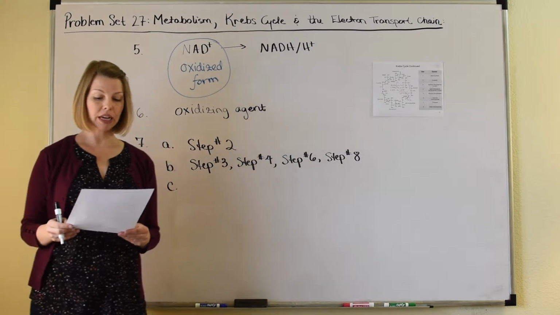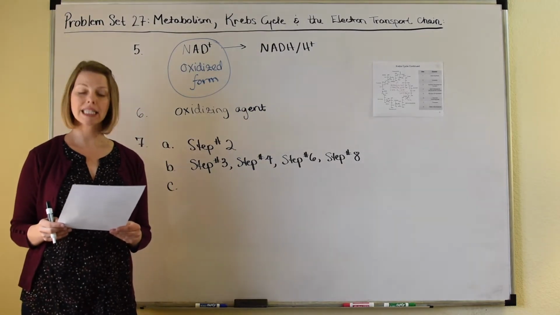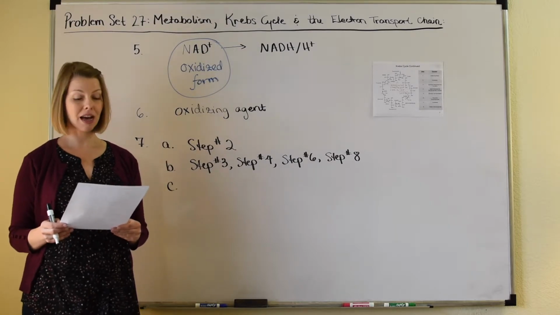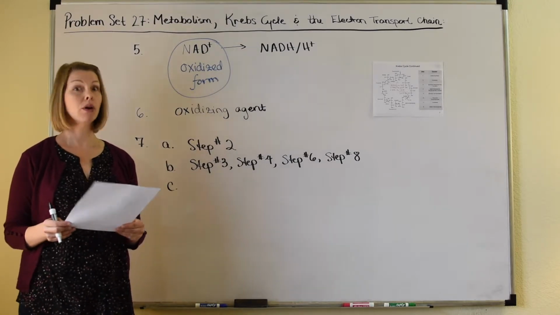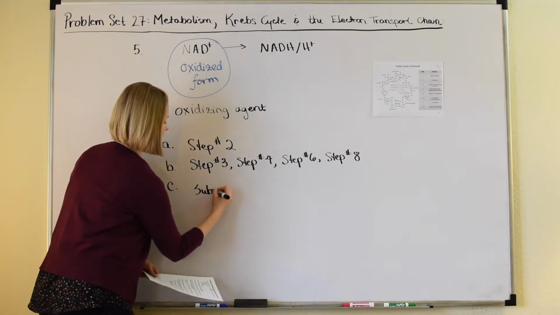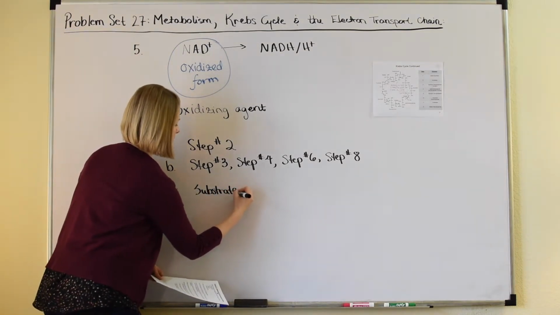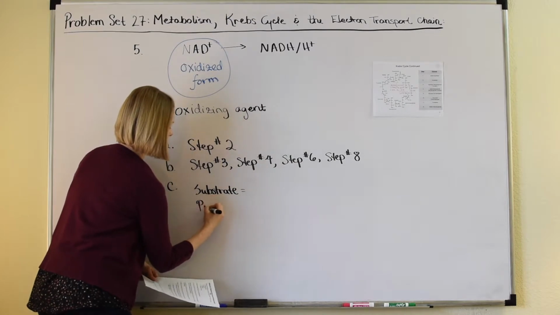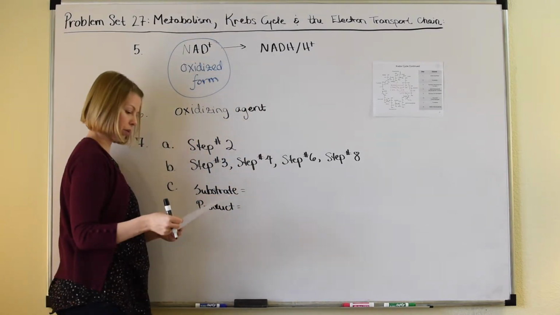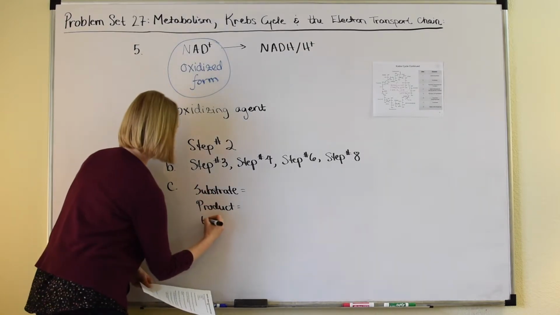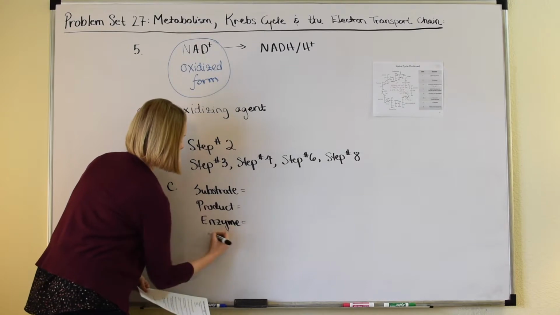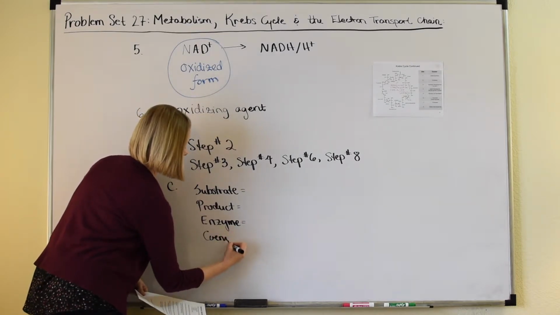In step 3 of the Krebs cycle, what is the substrate, the product, the enzyme, and the coenzyme? Whew, that's going to be a lot of work. Okay, so let me label those. We're going to say what the substrate is, what the product is, what the enzyme is, and what the coenzyme is.